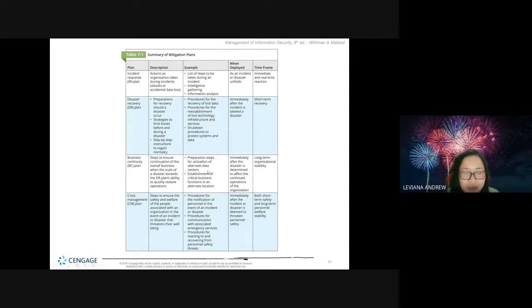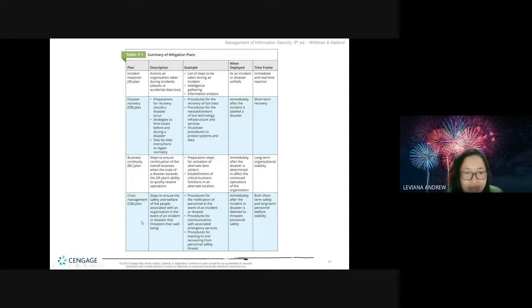Establish a temporary center so that your business can continue to operate temporarily. It is deployed immediately after disaster is determined to affect the continued operations of the organization, and this is more on long-term organizational stability.